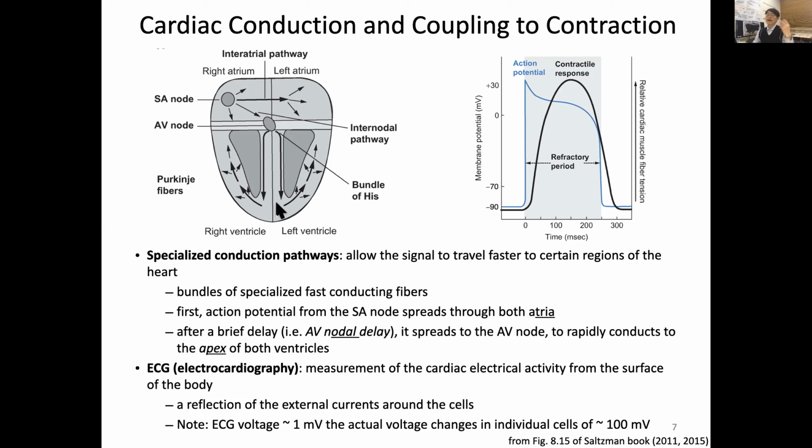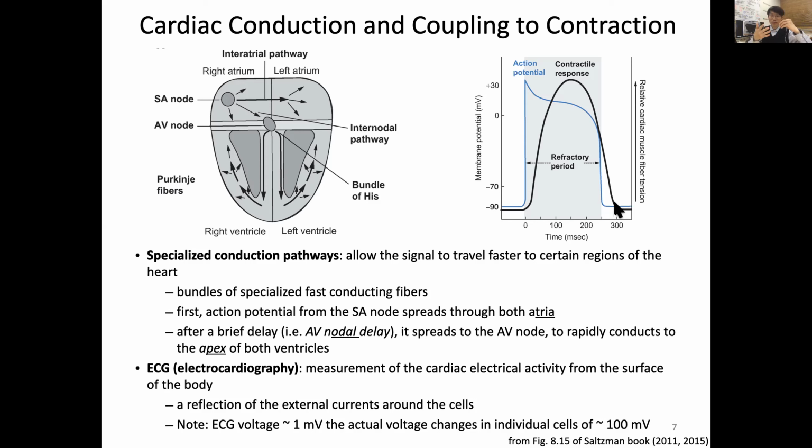This right side graph shows what happens to a cardiac myocyte. When it changes its action potential, the heart will contract. It shows the action potential going up and down over about 250 milliseconds, and the heart will contract during that time. You can ask why this action potential starts from here and goes one way, not the other way.